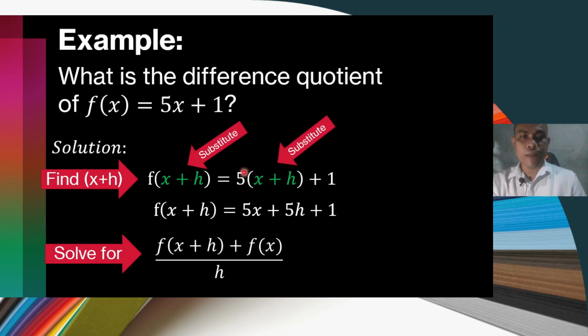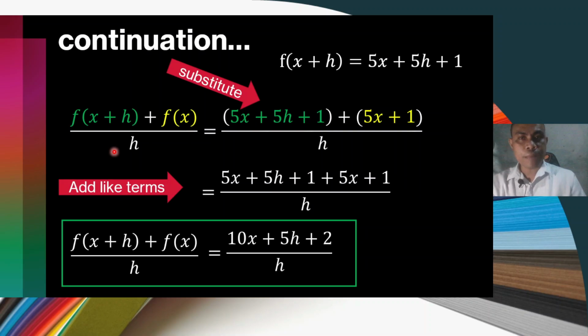So, 5 times x is 5x. 5 times positive h is plus 5h. Then, copy the 1. We can now delete the parentheses. And after doing that, substitute. Don't forget, our value for f of x plus h is equal to 5x plus 5h plus 1.